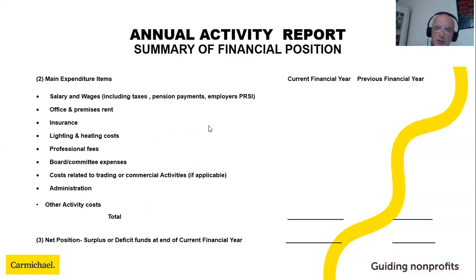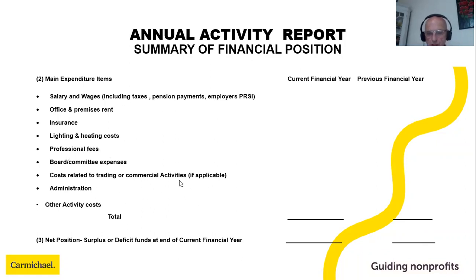Then the expenditure for the current year and again the previous year under various headings like salaries and wages, offices and premises, the insurance, light and heat, board expenses, professional fees, what you pay to your accountant, what you pay to your solicitors that you retain, and any other activity costs.